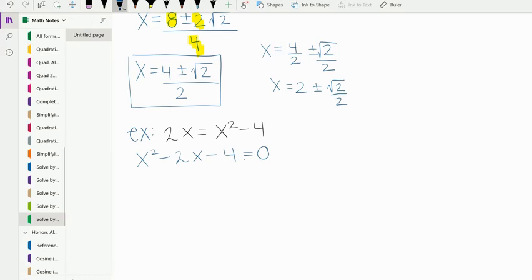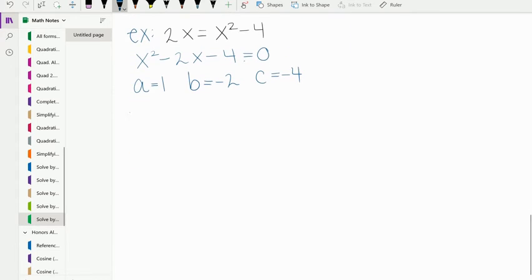Now I identify my A, B, and C. Since there's no coefficient in front of x, we assume that it's 1. B would be -2, and C would be -4. All right, now we plug it in the formula. So x equals -b.